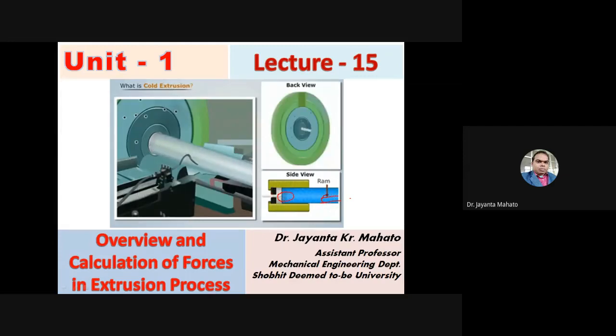This billet material will extrude, and according to the shape of this die, the extruded part will get the desired shape. Okay. So this is the back view, just the opposite view of this arrangement. After extrusion from this hole, this is the extruded part.